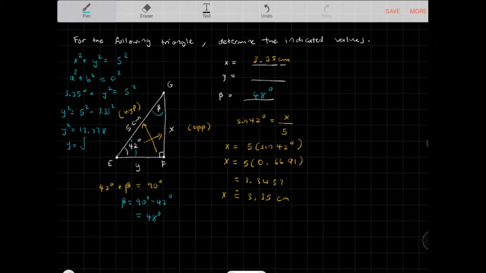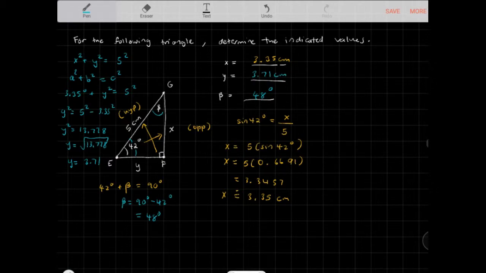If I square root it, because we want to solve for y, not y squared, we get the square root of 13.778, which is approximately 3.71. I'm going to keep all answers to 2 decimal places. So this is 3.71 centimeters.